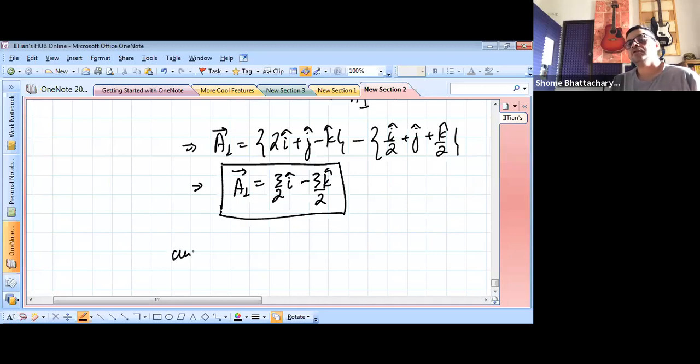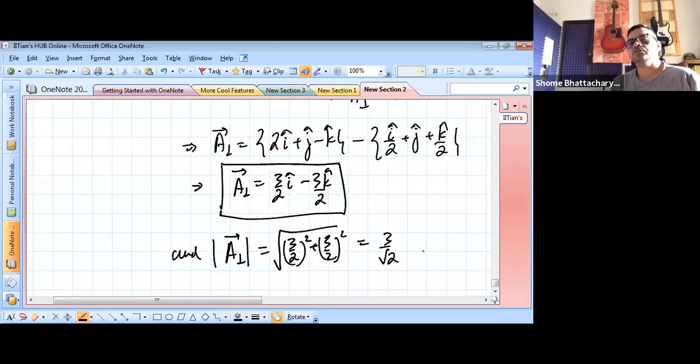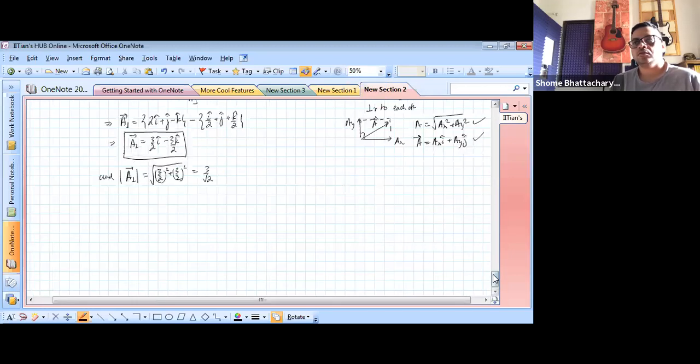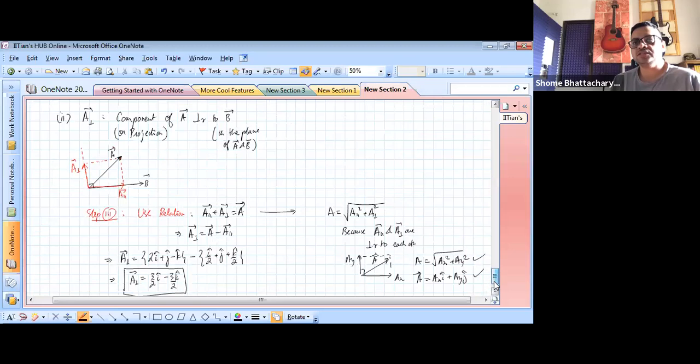And its magnitude, we can now just find this way, or we can use the other relation to find the magnitude. So it will become 3 by 2. Okay. Just go over these steps here.